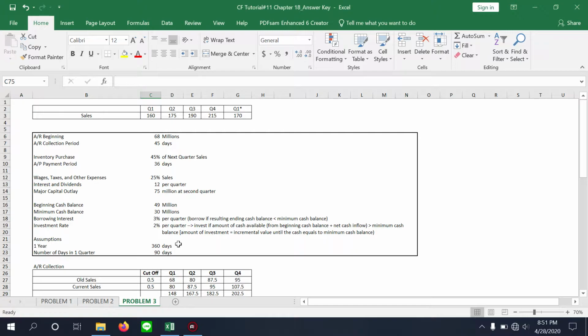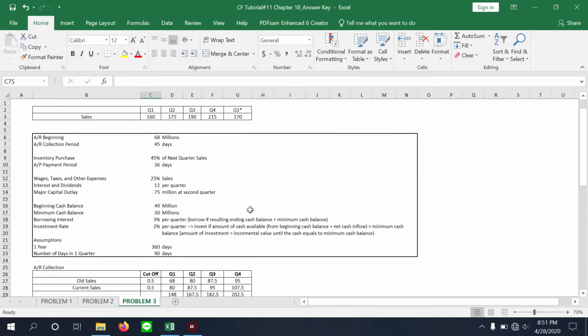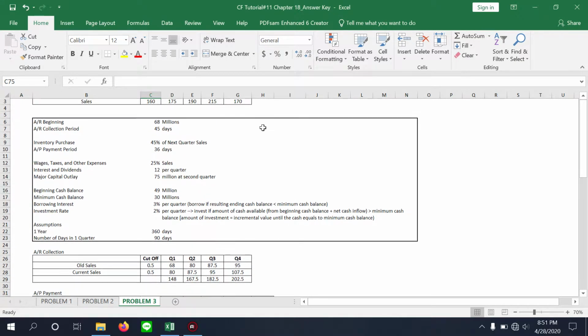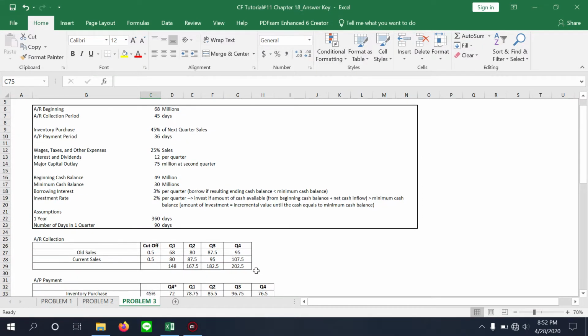Okay, the steps are basically the same. First, you need to create the account receivable collection. In here, the information is already given about how much of sales are collected. It has a 45 day collection period, so that's basically it.